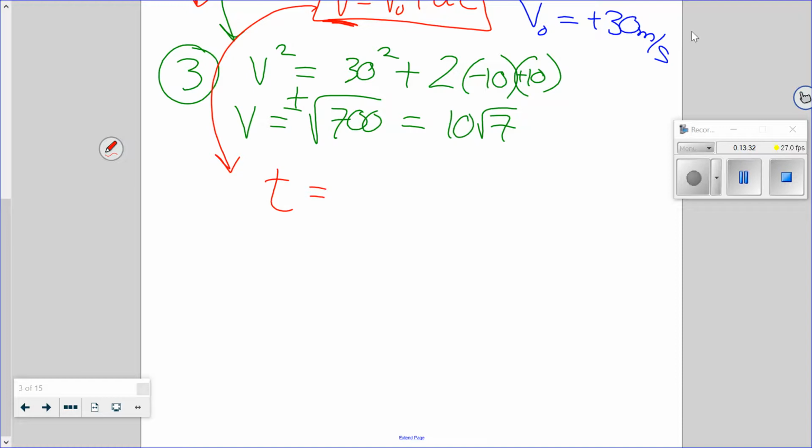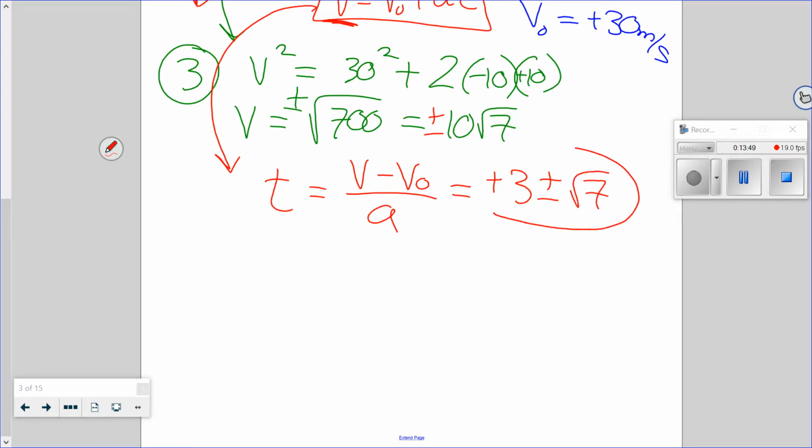Now a is negative 10, so watch out. And v0 was 30, so that's really 3 plus and minus the square root of 7. And so I didn't actually need a calculator, because I'm pretty good at arithmetic, and I didn't need the quadratic formula, and I could just kind of look at the math.